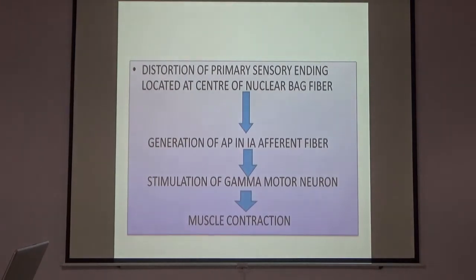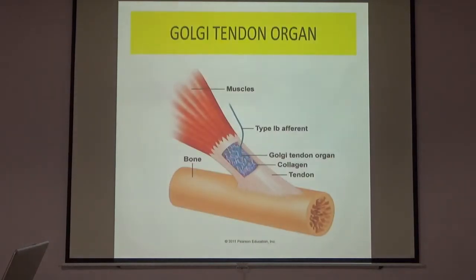This causes distortion of the primary sensory endings which are located at the center of the nuclear bag fiber, which causes generation of action potential in the 1A afferent fibers, and this causes stimulation of the gamma motor neuron, which finally causes the muscle to contract.